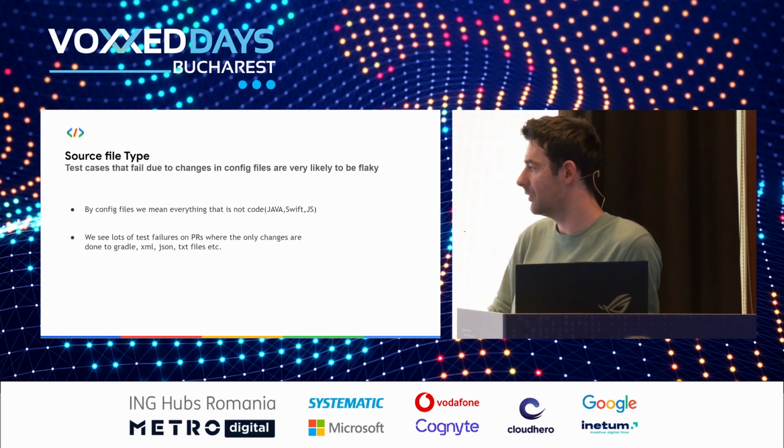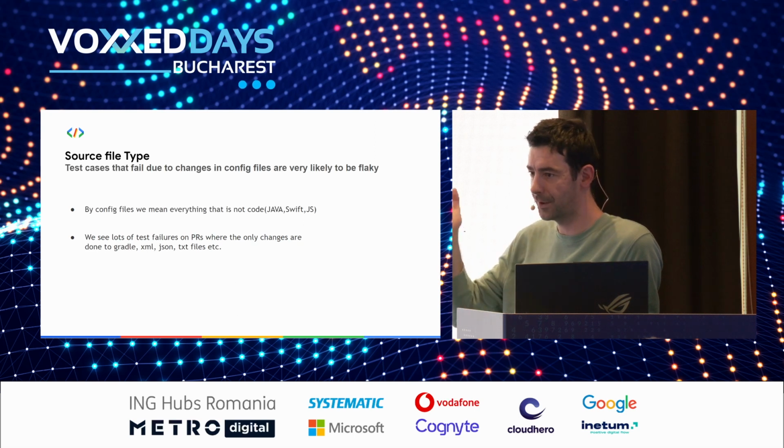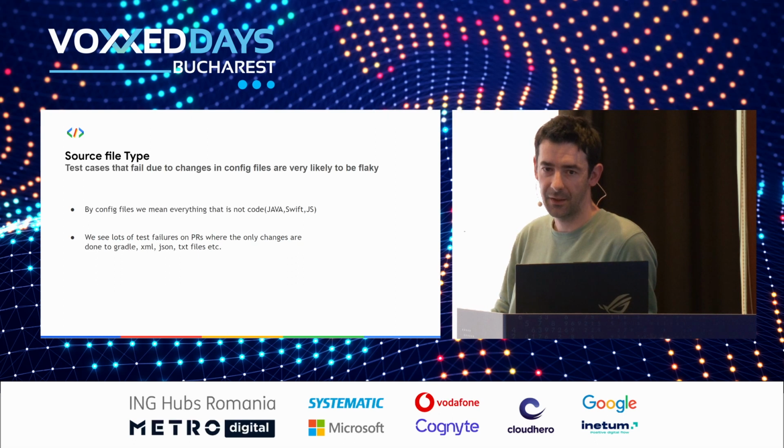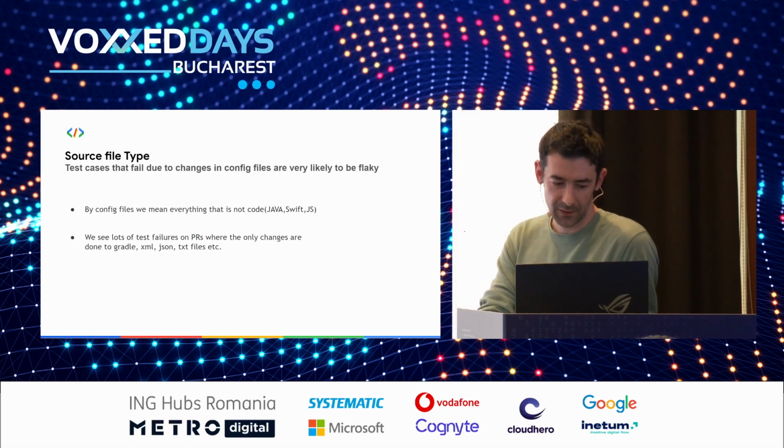Right now, if we change the text files, it won't trigger the test, but we used to have that. Anyway, changes to config files that still trigger some tests to fail are a strong indicator that that test is flaky, and there's something wrong with that test.